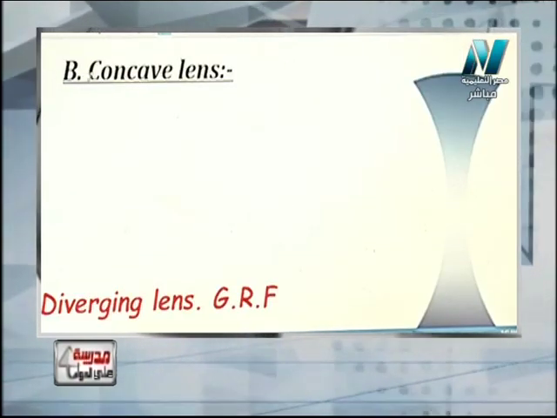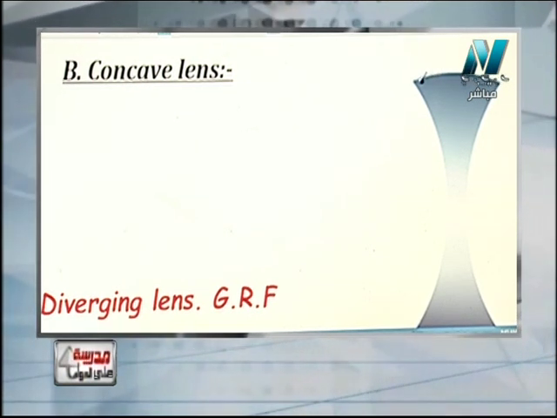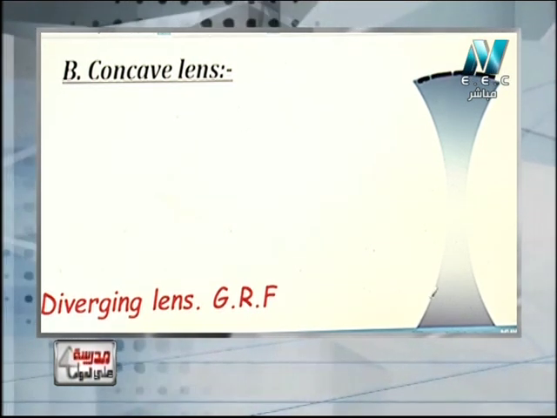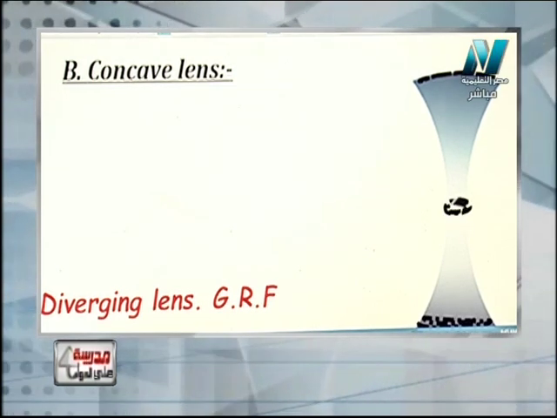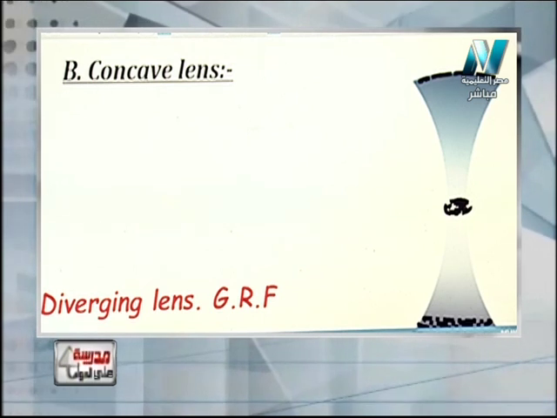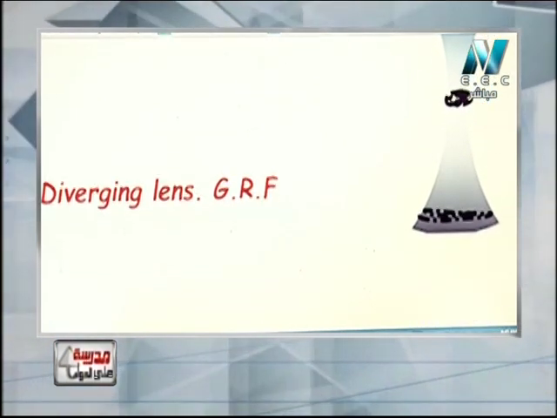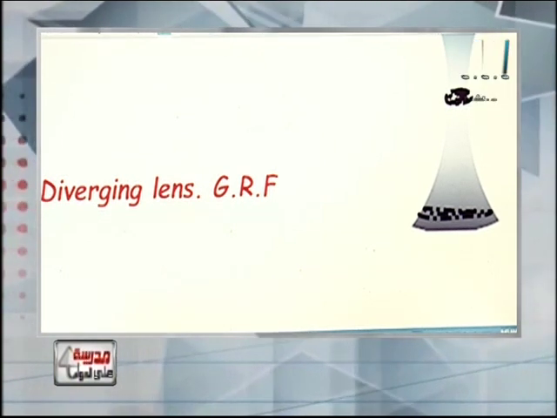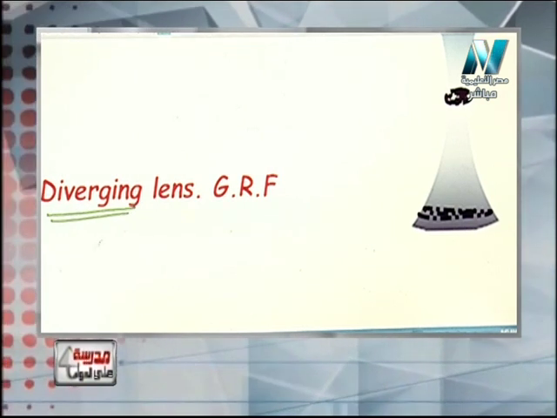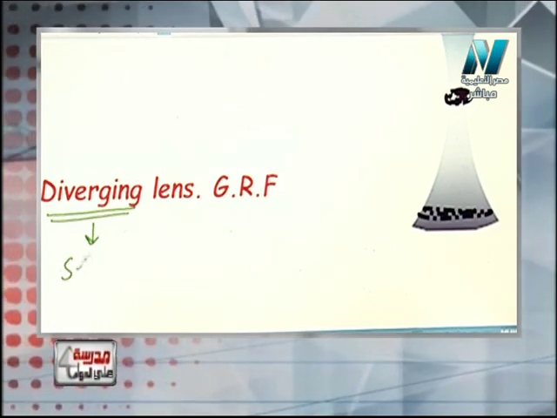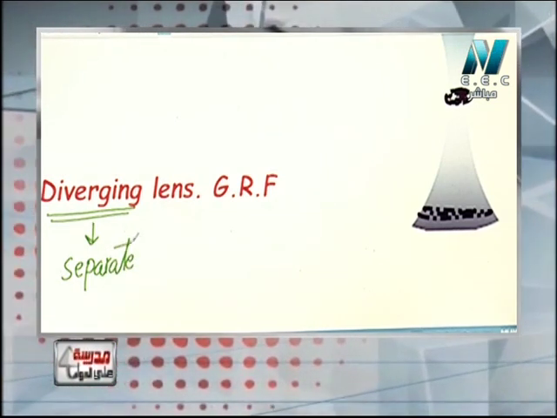We have another type, as we have concave lens. As we see here, we have thick at the tips and thin at the middle. So we have here diverging lens, which is concave lens. Diverging, which means what? Separate. Separate what?